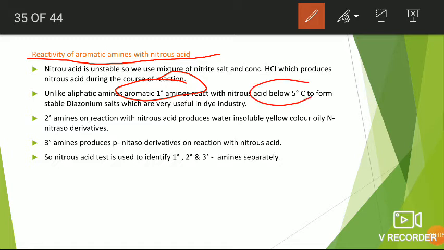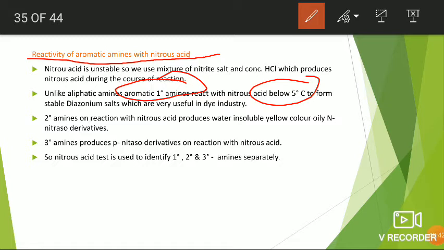Here the aromatic diazonium salts, ArN2+ X-, are somewhat more stable than the aliphatic diazonium salts, RN2+ X-, because of the resonance which is possible in the aromatic diazonium salts, the aromatic diazonium salts are generally stable.